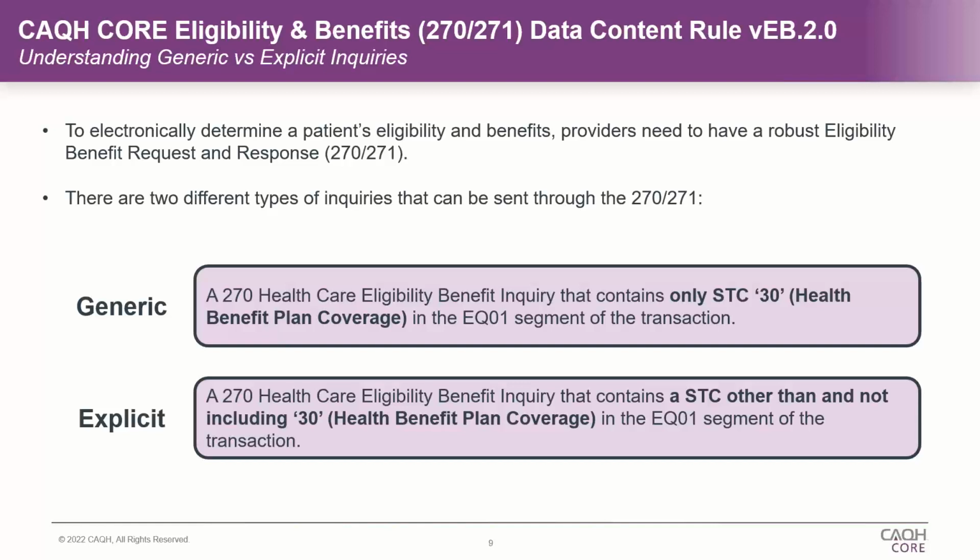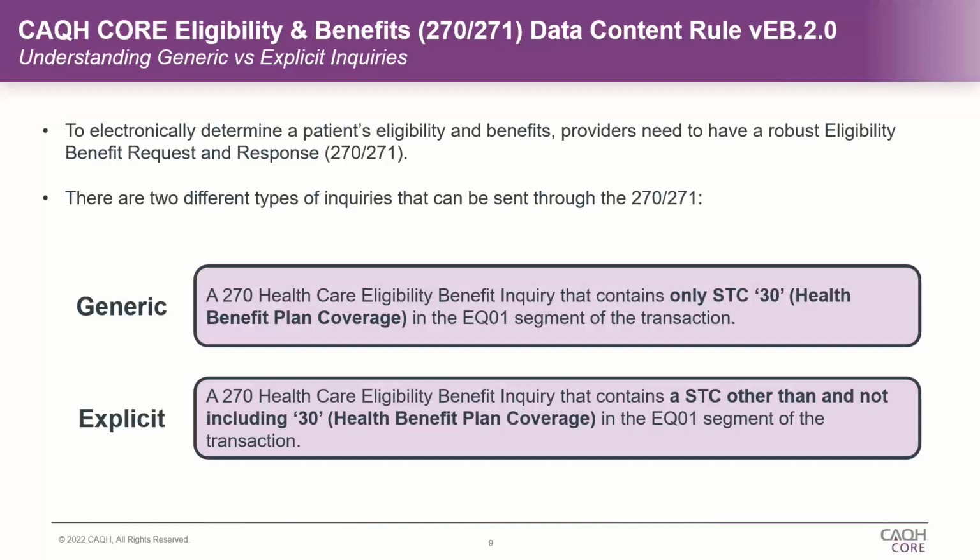And maybe I'll add that many systems, many providers automatically default within your own application, whatever system you might be using, to a 30 because it does bring back a robust set of data related to that patient. But many systems do allow for the provider to change that 30 to something else that might be more specific for those explicit benefits.